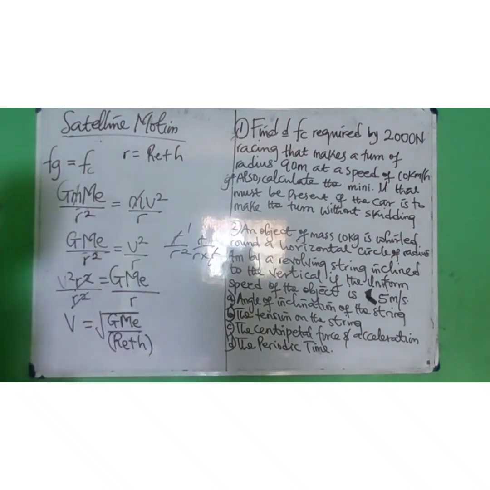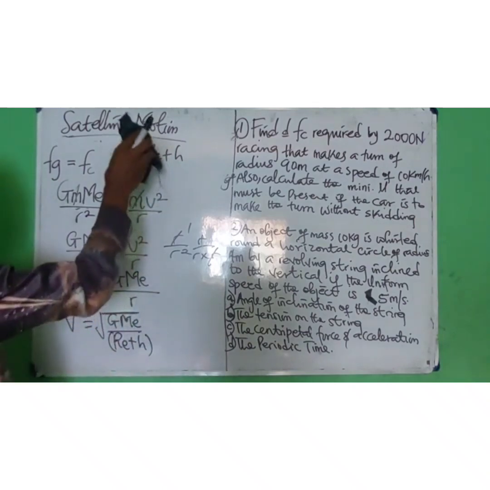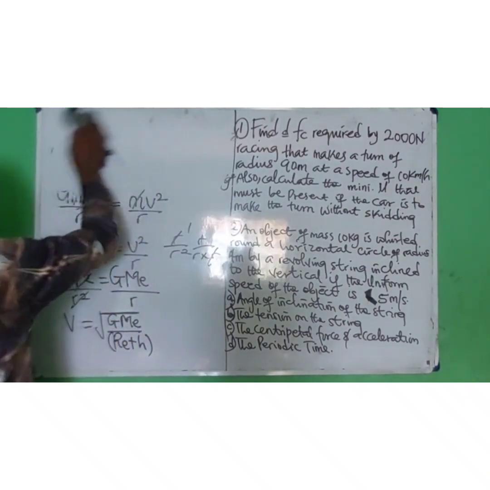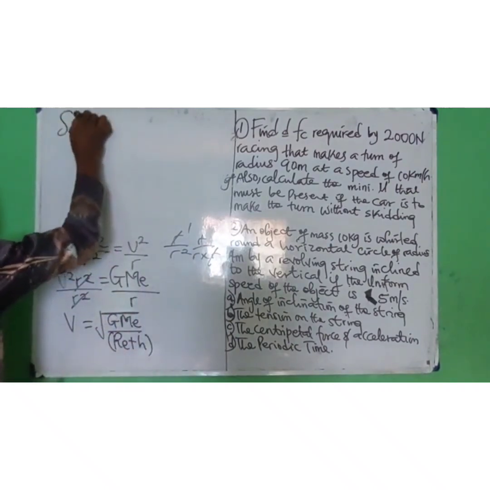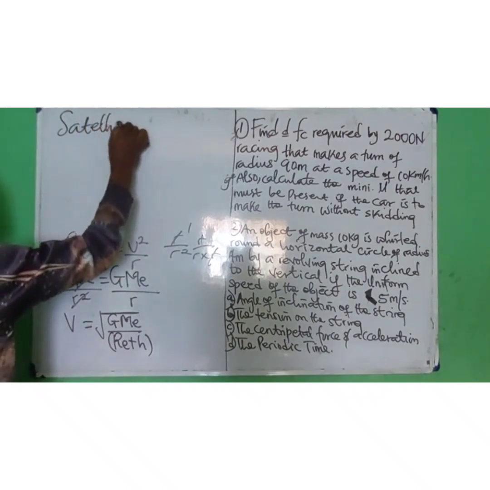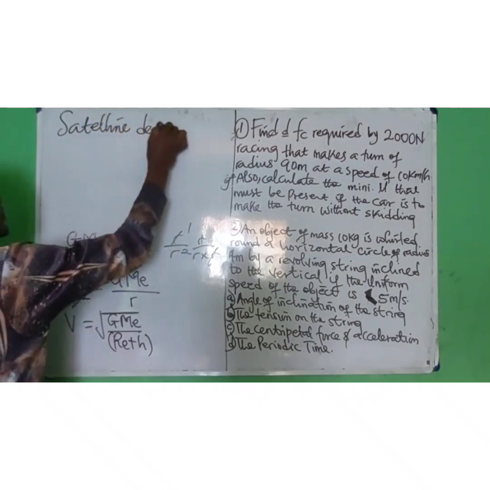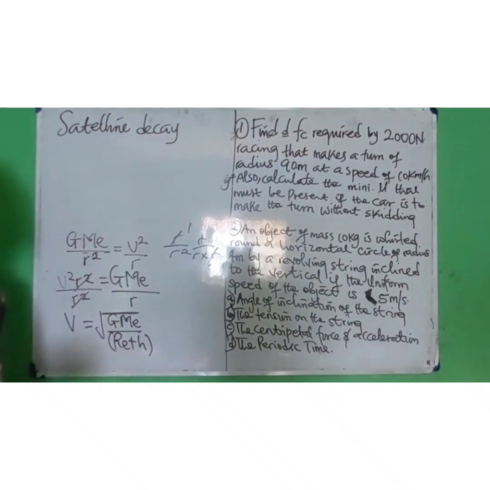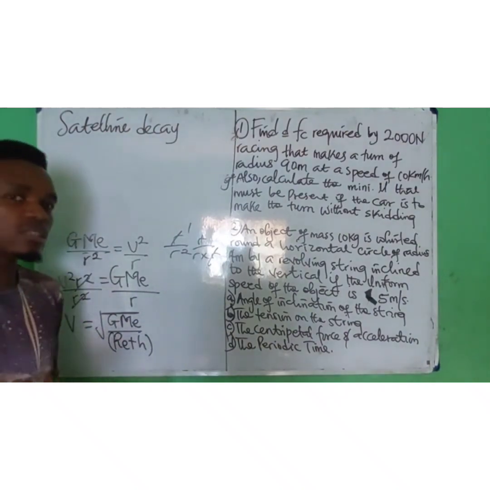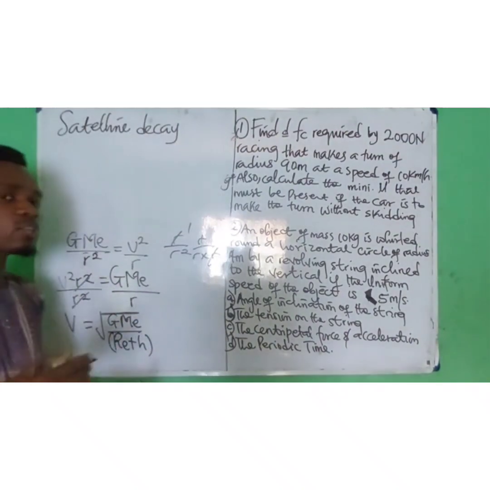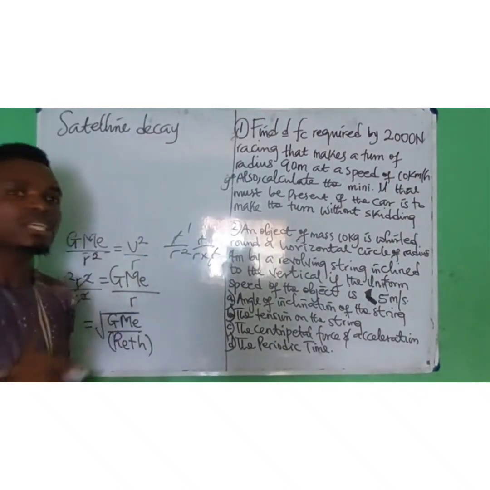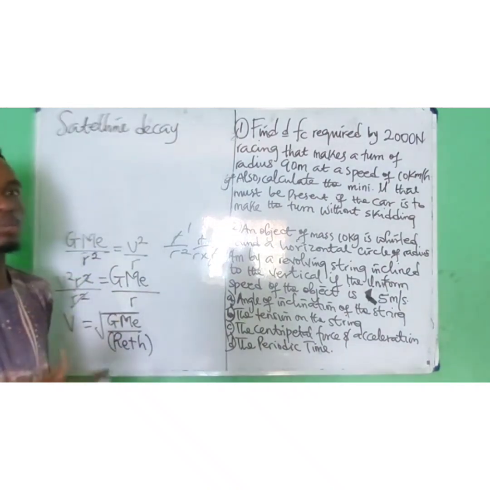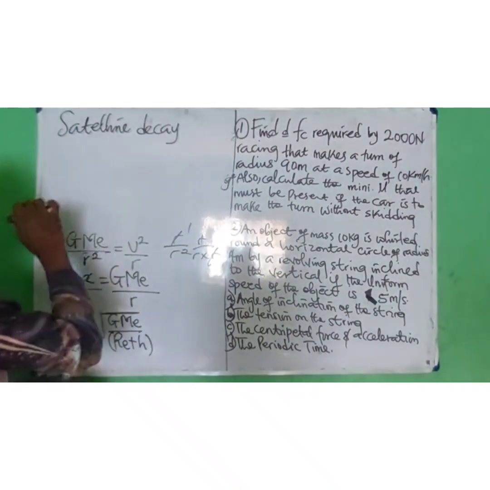Now let me tell you something. There's what we call satellite decay. Satellite decay refers to the gradual decrease of the orbit of the satellite around a celestial body, which could be the moon or the sun.